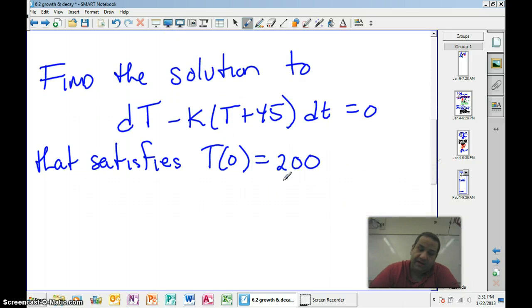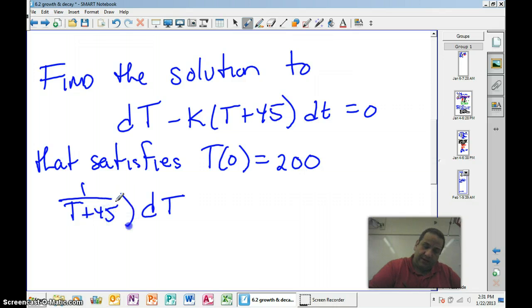Find the solution that satisfies this thing. Now, this is a capital T, that's a capital T. We don't have a dt. Let's see what I do here. I think what I'm going to do is move that over to the other side. So I'm going to have, if I'm right, 1 over t plus 45 dt equals k dt.